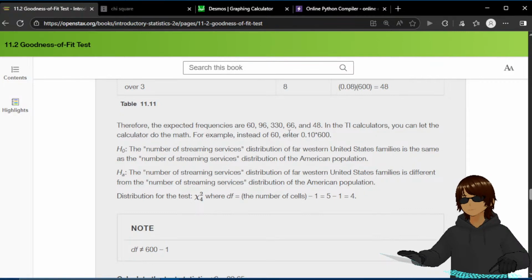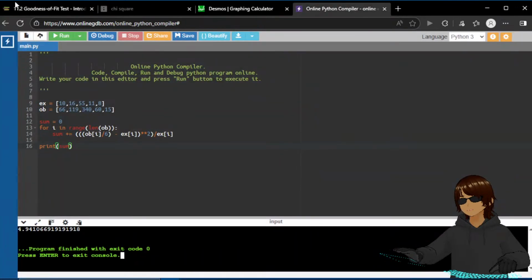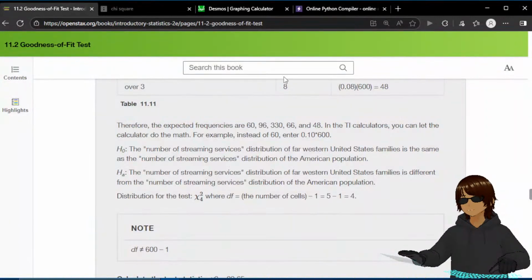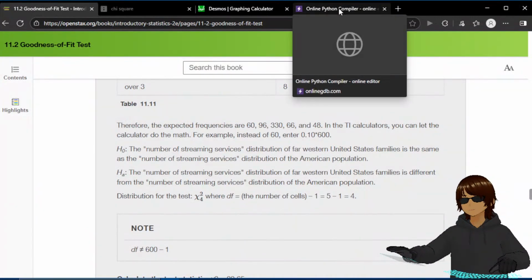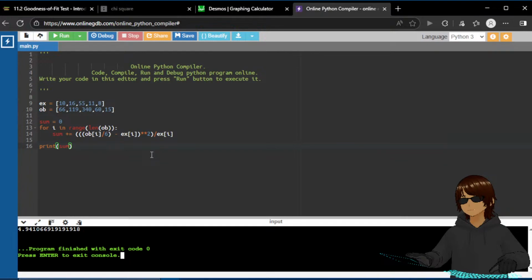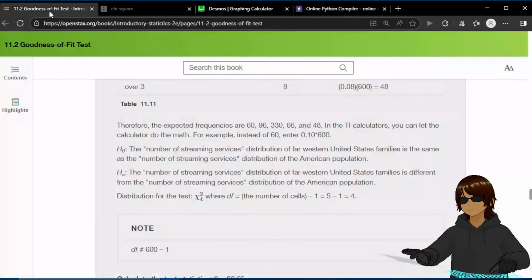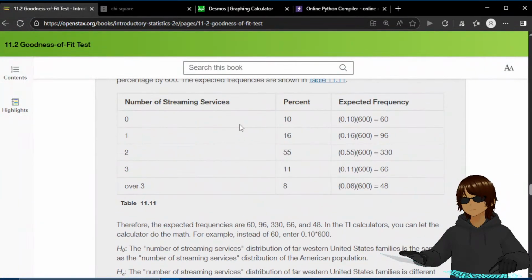For example, instead of 60, enter 0.1 times 600. 60, 96, 300, wait, 60, 96. Where did they get 60 from?